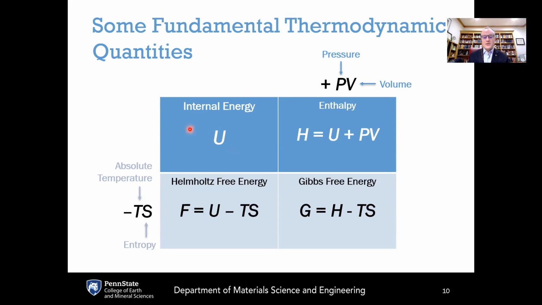The internal energy of the system represents all of the energy of the interactions between electrons with each other, electrons and nuclei, atoms as a whole interacting with other atoms, and all of this is determined by all of those forces that lead to repulsion or attraction.